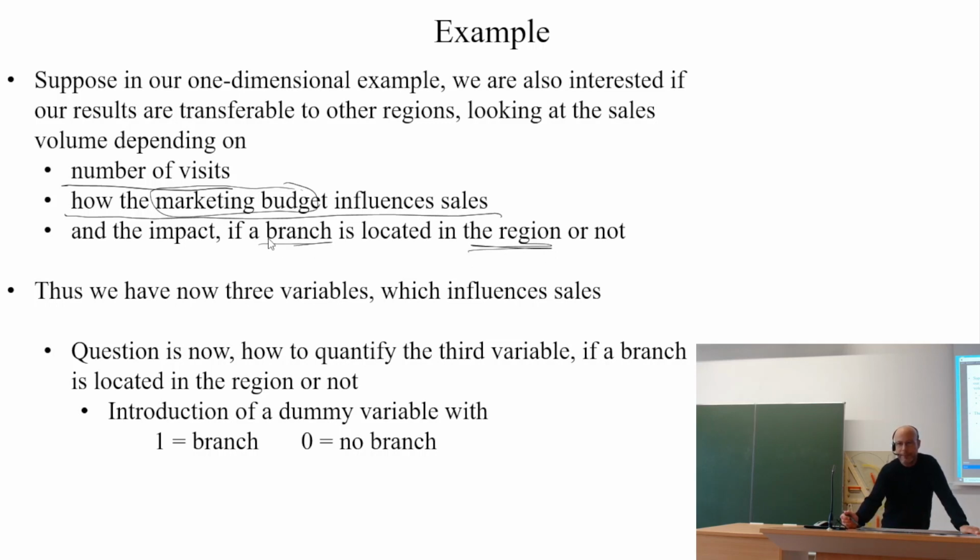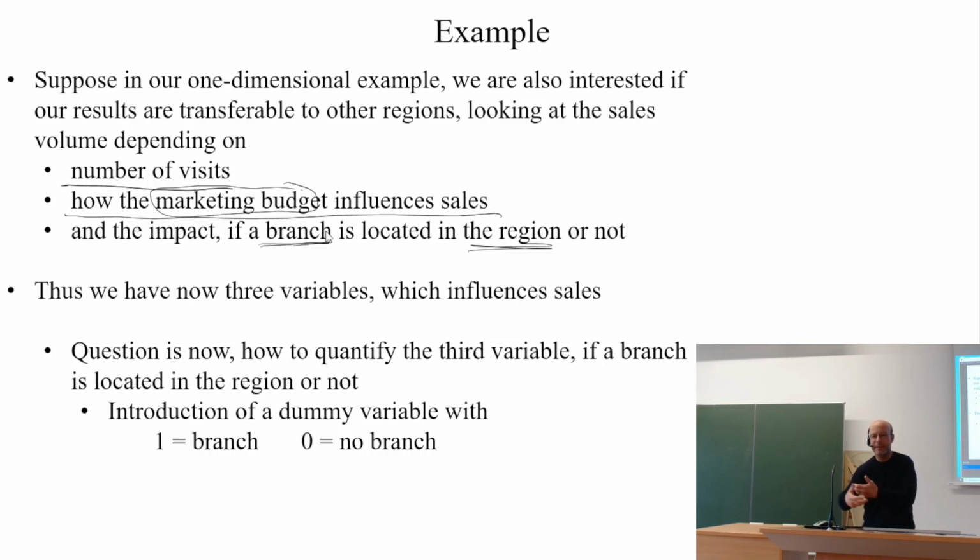And this is quite often in statistics, that you somehow have to quantify a qualitative statement. The question is, how do we model the situation that in one region we have a store, maybe in Jever we have a store, and in Shortens we have no store? And then we want to distinguish the impact. What is the impact on our sales volume if in one town I have a store and in another town I don't have a store?